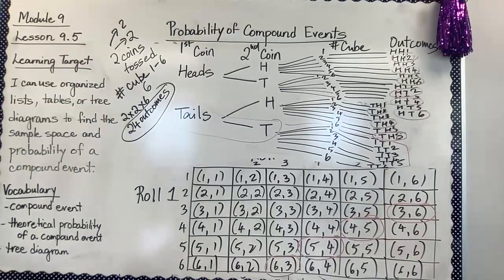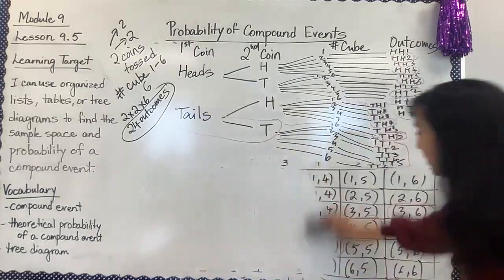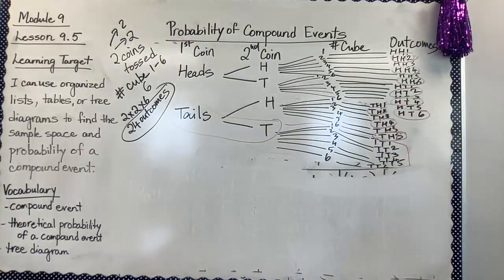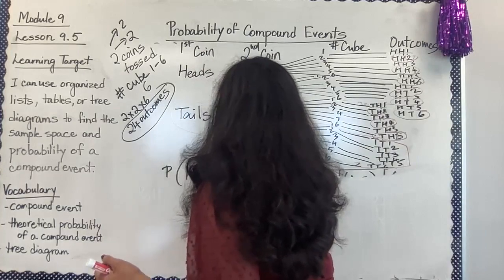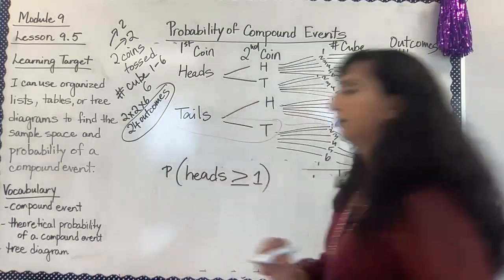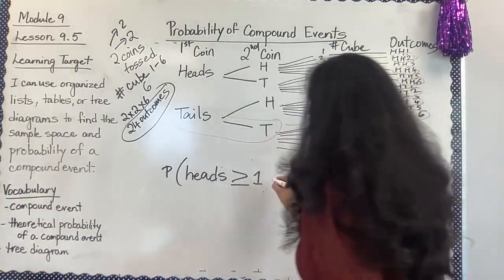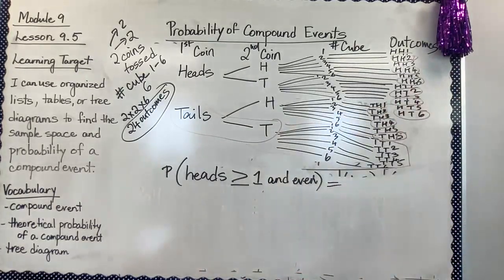Okay, so here is my probability calculation for this. The probability of heads greater than or equal to 1 and an even number is 9 out of 24 possible outcomes.